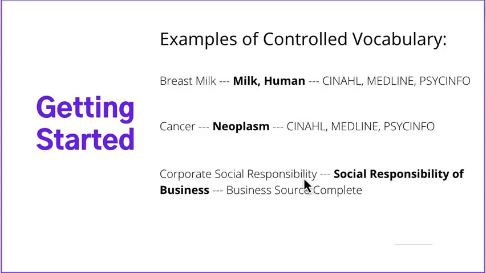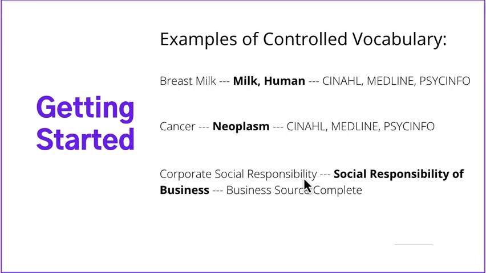Here's an example of natural language and then the controlled vocabulary that the database prefers. On the screen here, you're seeing natural language for terms like breast milk, but databases like CINAHL, Medline, and PsycInfo prefer the term milk, human.